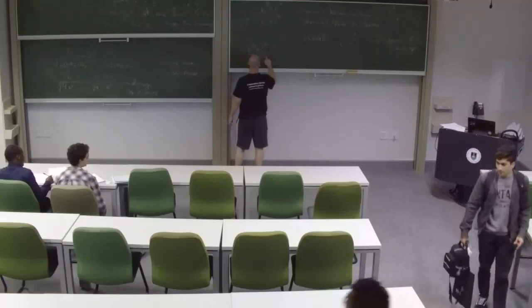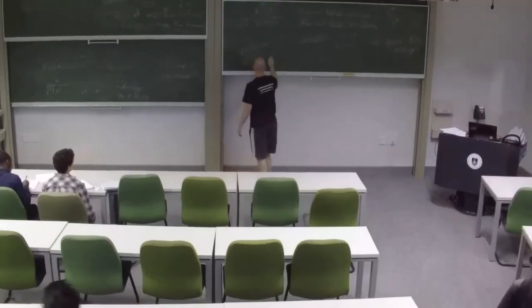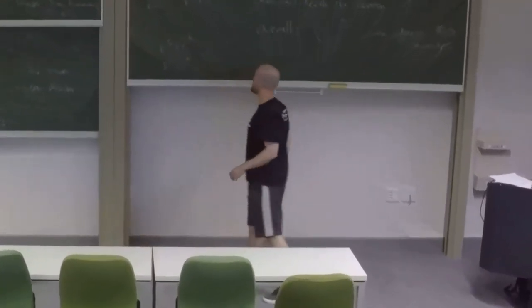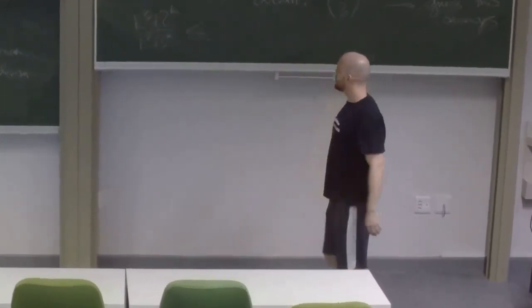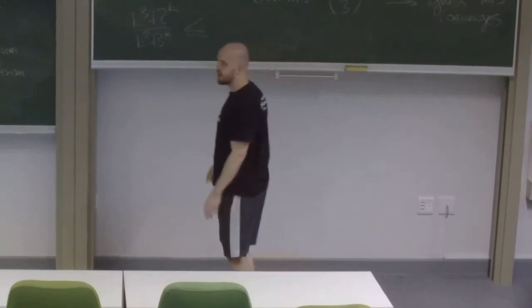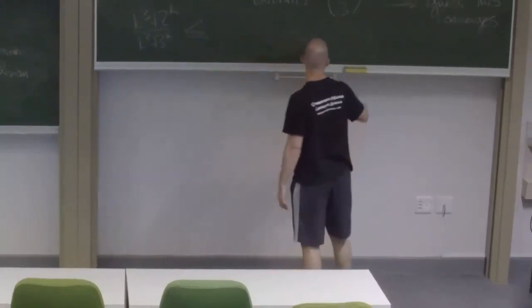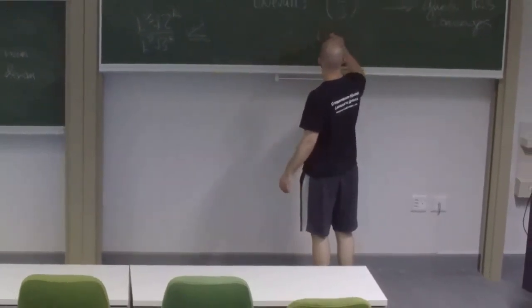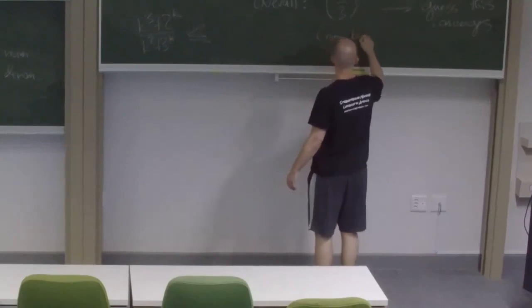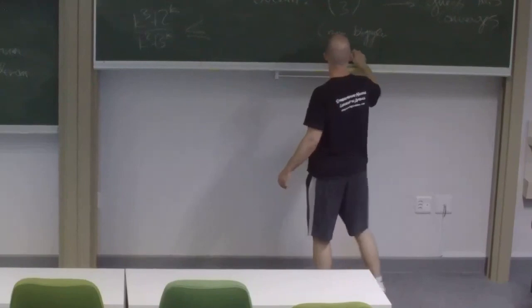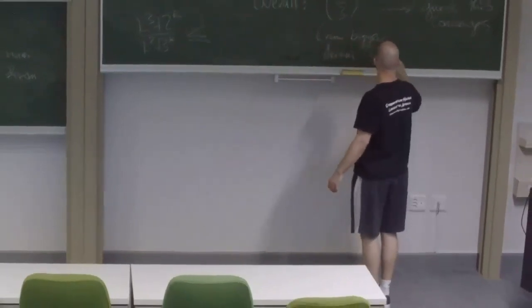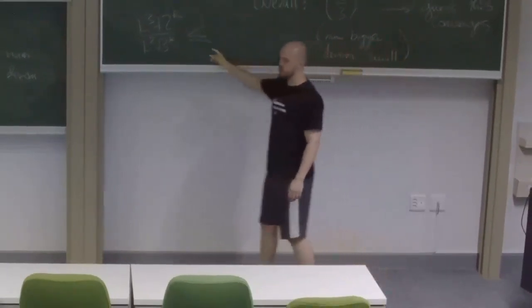We'll write down what we have and look for something bigger. So we need to make the numerator bigger and the denominator smaller for this inequality to be true.